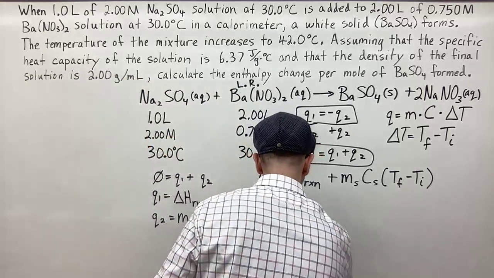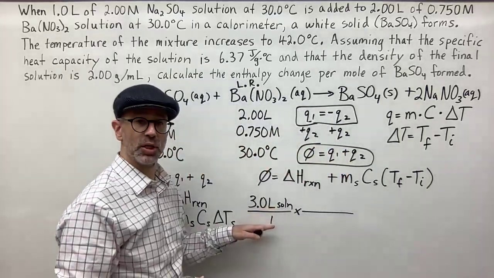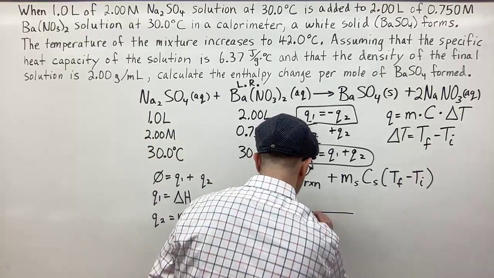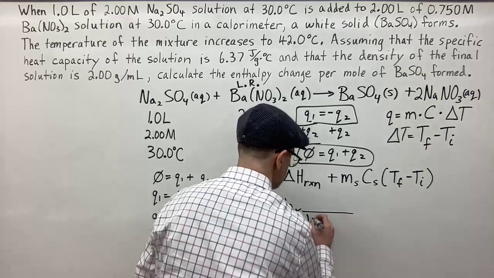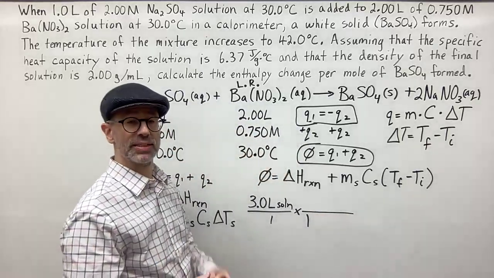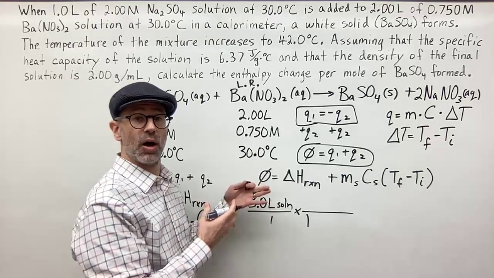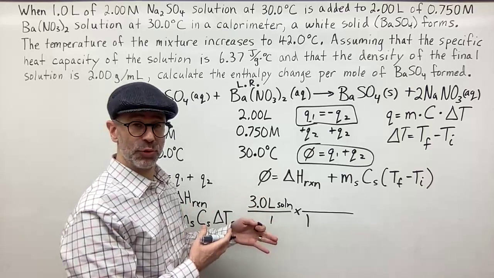So then I'm going to multiply. I'm going to convert liters to milliliters. So 1 liter goes on the bottom, or I can put 1/1000th of a liter because I know 1 milliliter is equal to 1/1000th of a liter, or 10 to the negative 3.